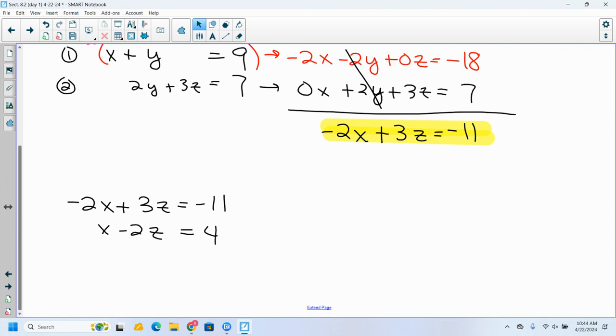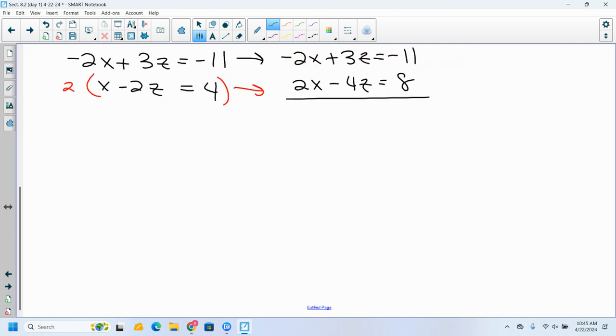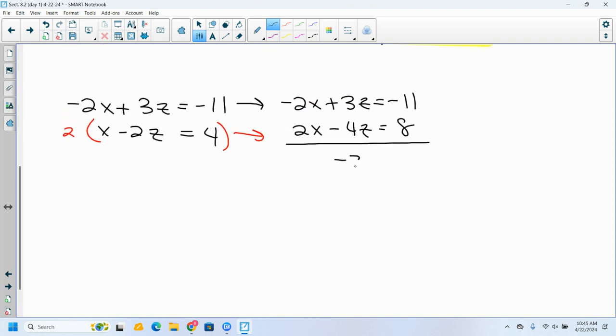And so if I multiply that by 2, I get -2x plus 3z equals -11. I got 2x minus 4z equals 8. The x's cancel. I end up with -z equals -3. z equals +3. Is that right, Christian? Okay, so I get z equals 3.